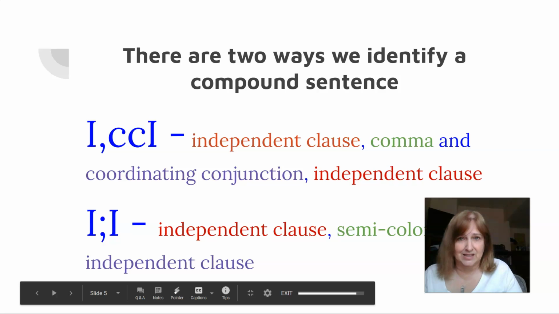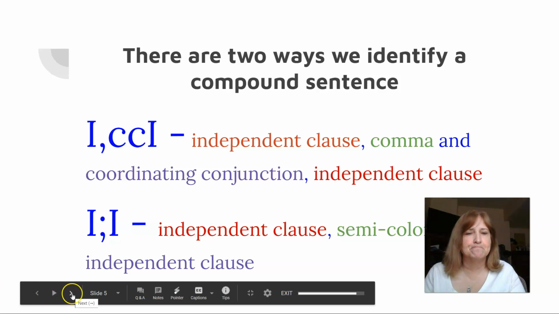So if it's just I, C, I without the comma, look really carefully at it and make sure it's combining two complete thoughts in order for it to be considered compound. Okay, so if you can memorize FANBOYS and you can find that conjunction and decide if it's connecting two complete ideas, you know you've found a compound sentence.